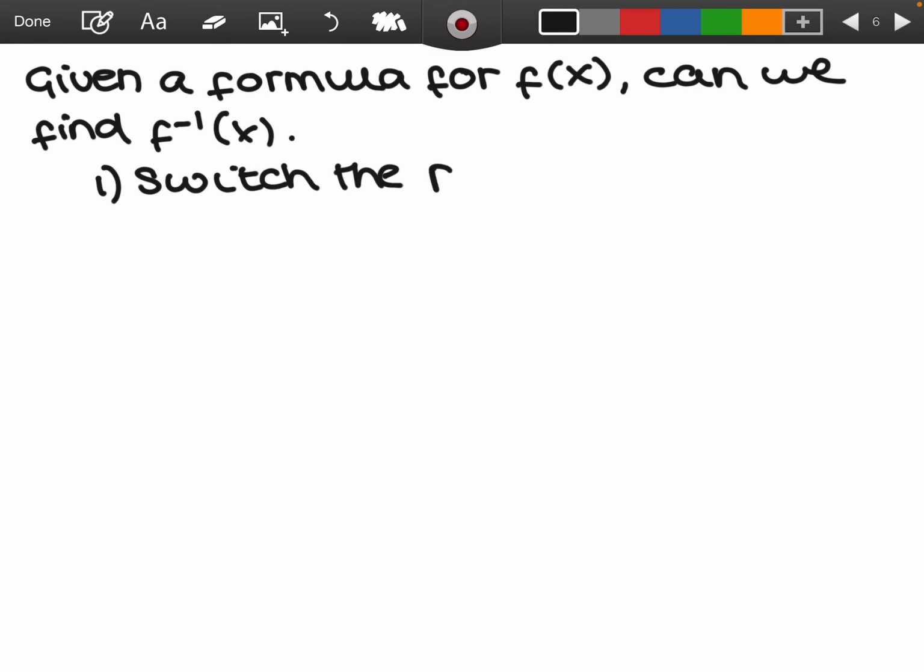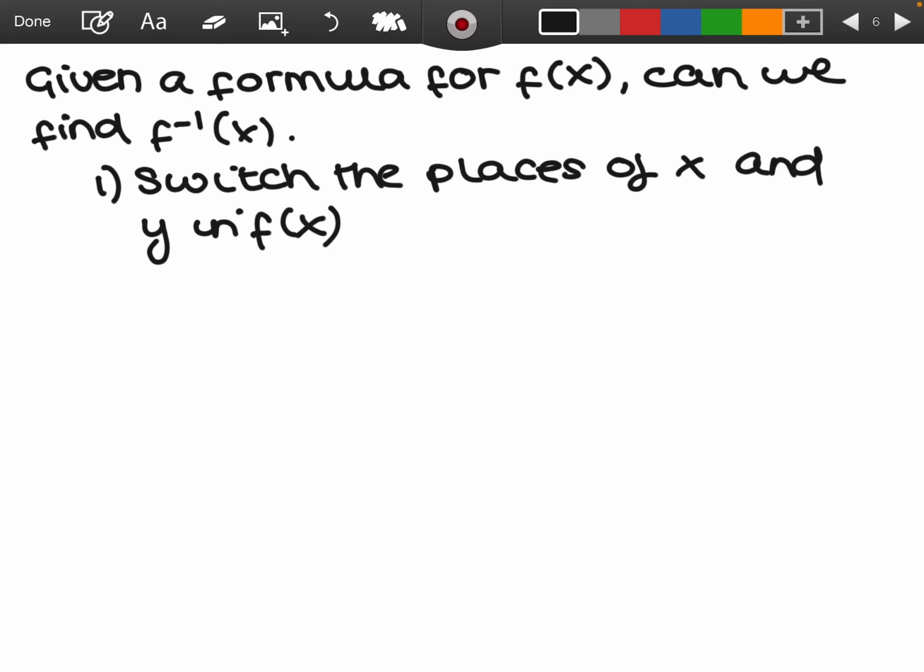So in order to find the formula for f inverse, the first thing I'm going to do is switch places of x and y in f(x). So if I've got f(x) is equal to something, I'm going to say y is equal to that thing, and then I'm going to switch the places of x and y.